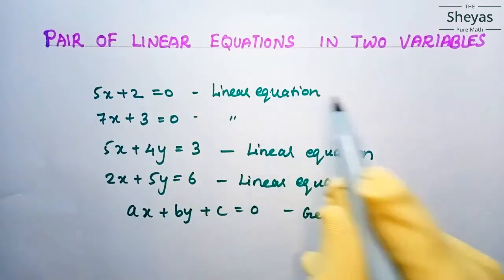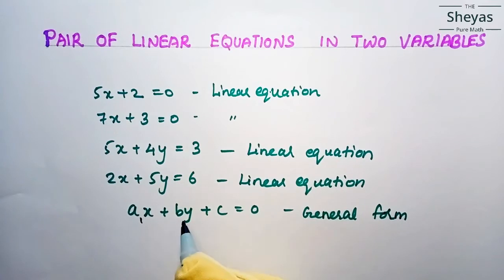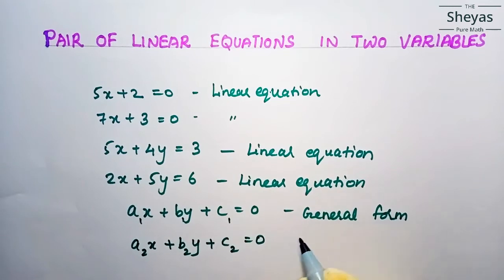We are going to write a1x plus b1y plus c1 equal to 0, and then one more linear equation, a2x plus b2y plus c2 equal to 0.